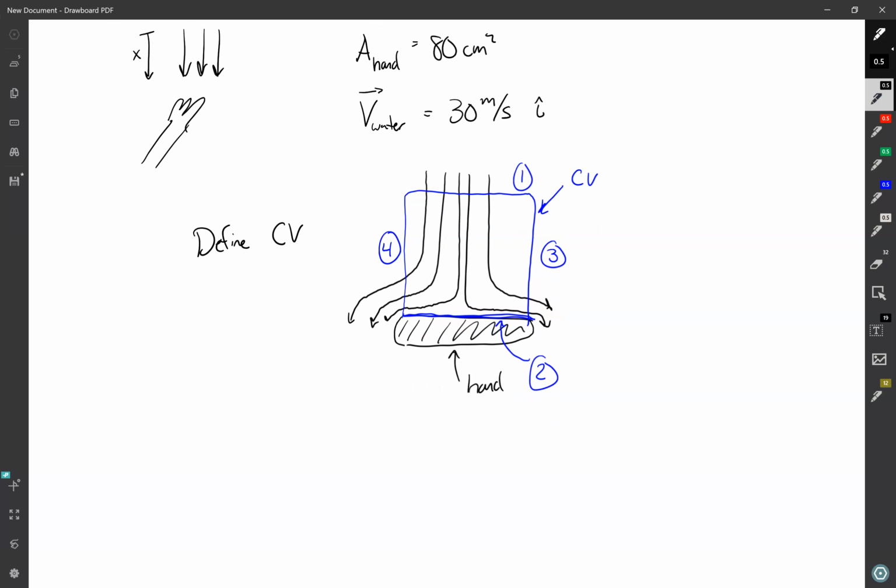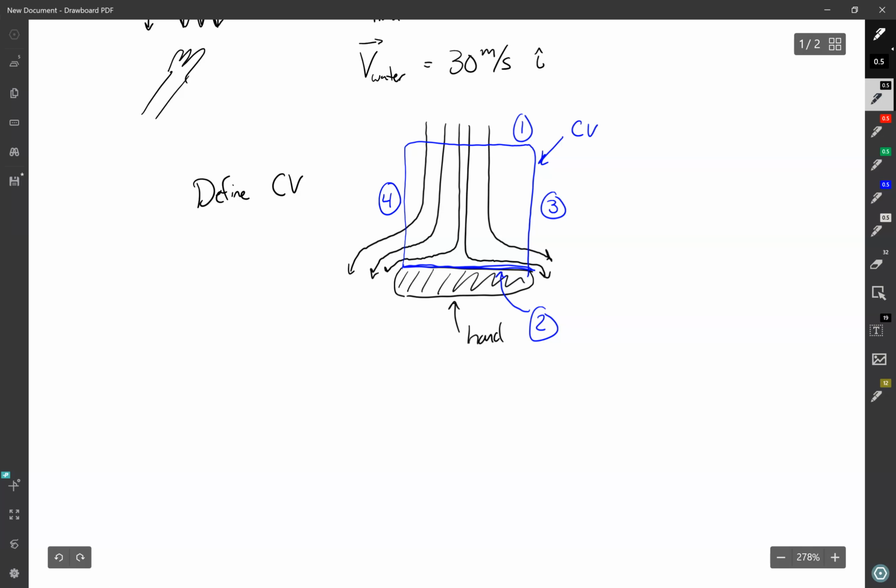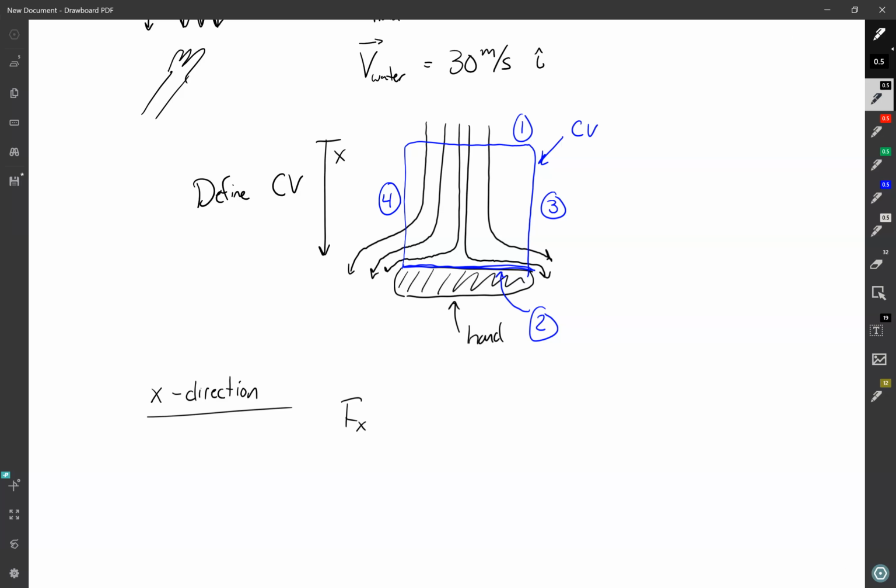The equation that we're going to be using for the force is just looking first at the x direction. Again, our x direction we defined the same direction as the water is going. If we look at our x direction, our net force in the x direction is equal to d/dt of the integral over the CV of velocity times density, plus the integral over the control surface of velocity times density times velocity dotted with the area.